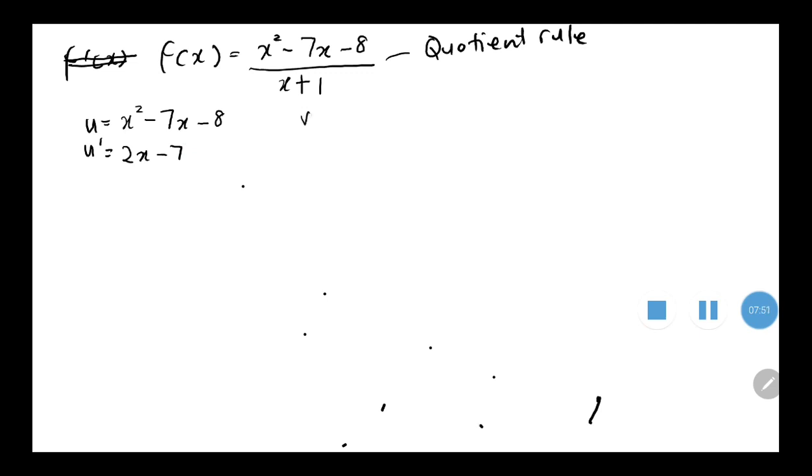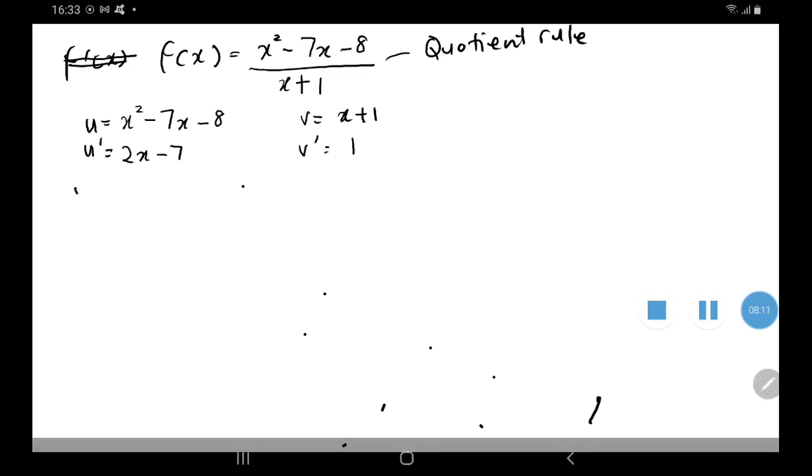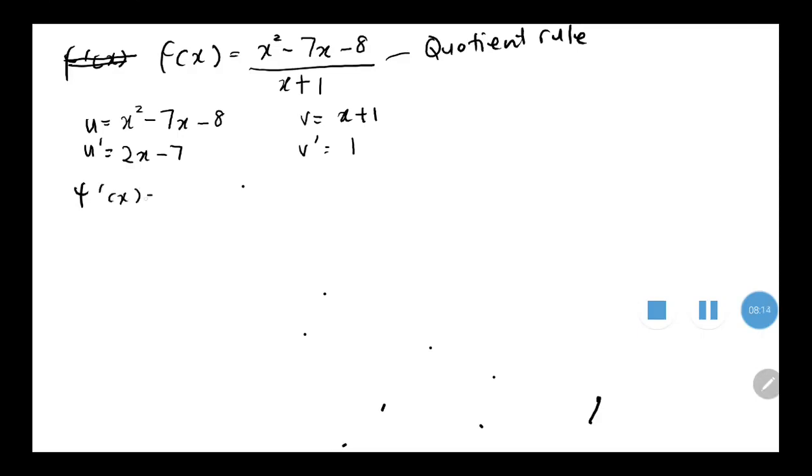For v, it should be x plus 1, and v prime is 1, because you only have to derive x, and you will get 1. Okay, so I'm going to rewrite the formula again. The formula is vu prime minus uv prime over v squared.